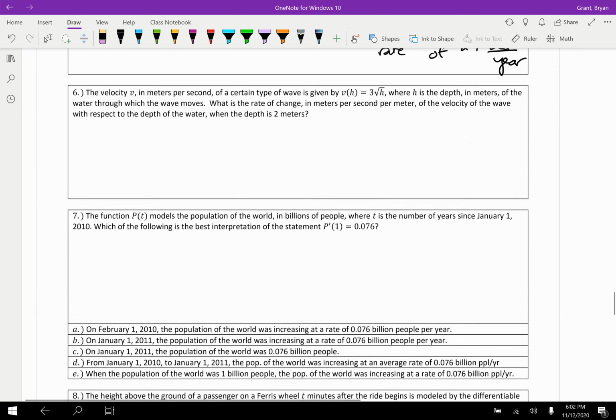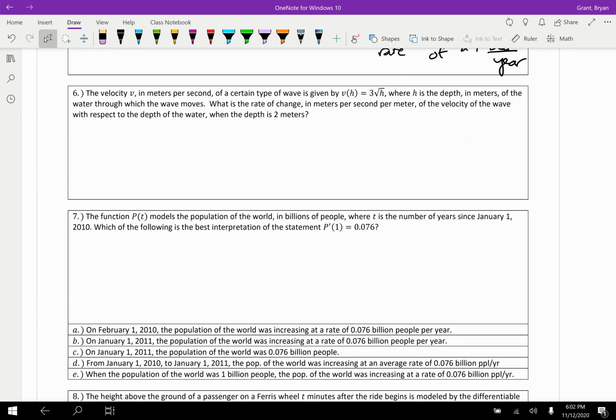Moving through. The velocity v in meters per second of a certain type of wave, we're probably thinking like waves in water, right? It is given by v of h equals blah, blah, blah, where h is the depth in meters of the water. What is the rate of change of the velocity of the wave with respect to the depth of the water?